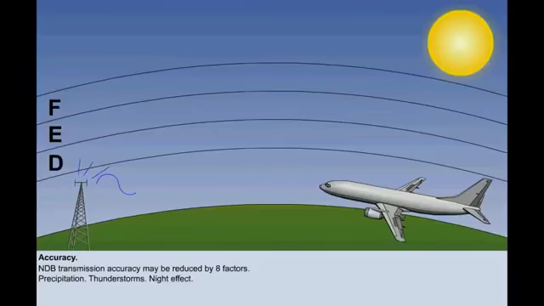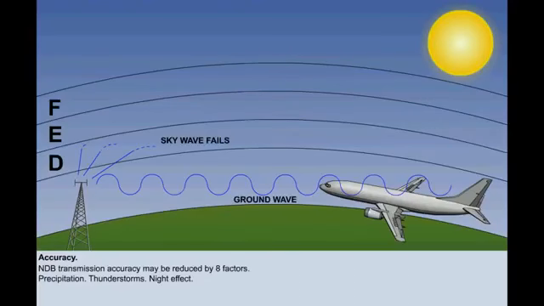Night effect is caused by the interaction of surface waves from the NDB with sky waves from the same NDB. During the day, the D layer of the ionosphere attenuates all long and medium waves, so that ground waves are the only means of transmission for NDBs.